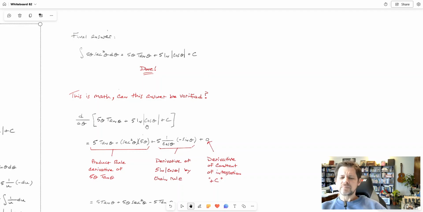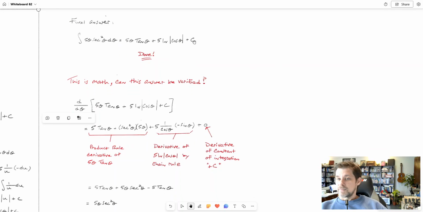So what would it mean for this to be correct? For the indefinite integral of 5 theta secant squared theta d theta to be 5 theta tangent theta, etc. Well, it would mean this. If you took the derivative of this expression that I'm saying is the answer, I would get 5 theta secant squared theta. That's why this is sometimes referred to as the antiderivative.